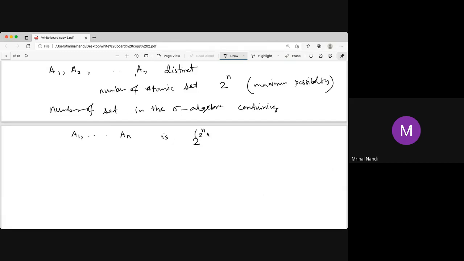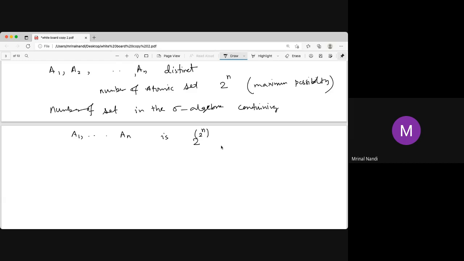Now 2 to the power n is huge. Why is it 2 to the power n? Because if A1, A2, up to An are there, you can choose complements and then intersections. So you can take A1 intersection A2 intersection An, or A1 intersection A2 up to A(n minus 1), then An complement, like that. So 2 to the power n many atomic sets and their union.